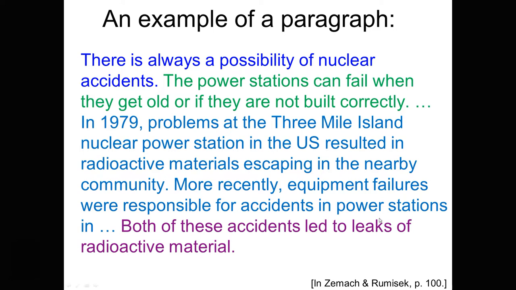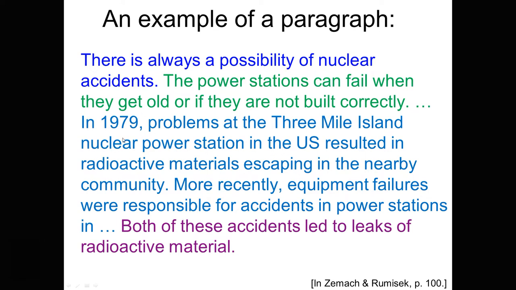So if I go back over that for a moment, you can see here the power stations can fail when they get old or if they are not built correctly. So this is a point that reinforces what's being said in the topic sentence, that there is always a possibility of nuclear accidents.